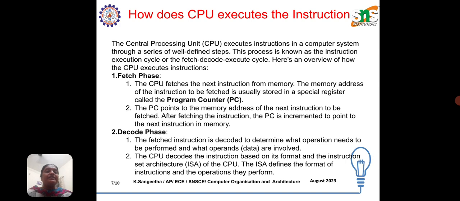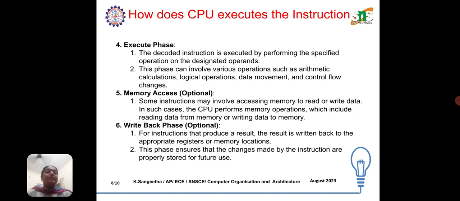And the next phase is the decode phase. The fetched instruction is decoded to determine what operations need to be performed and what operands, that is data, are involved. And the execute phase: the decoded instruction is executed by performing the specified operation on the designated operands. And the memory access, that is optional.